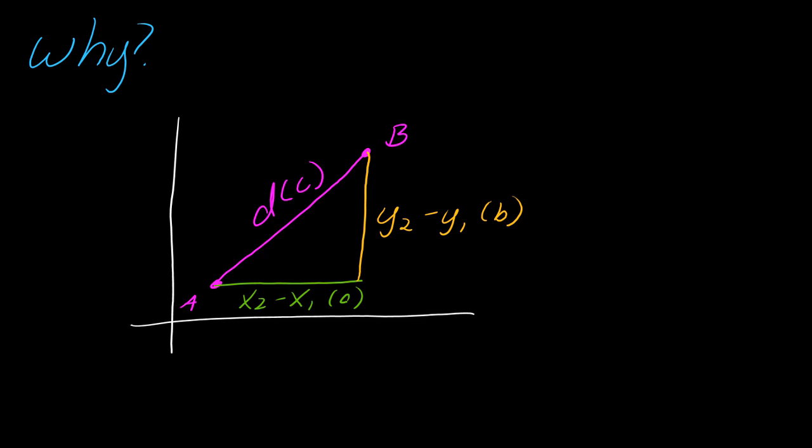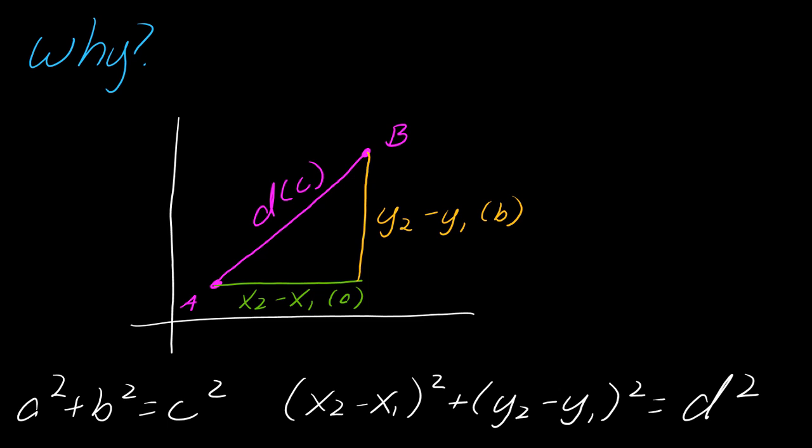Why would I name these sides A, B, C? If you remember the Pythagorean theorem, a squared plus b squared equals c squared, that's why I wanted to rename them. This is just an application of the Pythagorean theorem in disguise. Now where I've got the A, the B and the C, I can replace them with this context: x2 minus x1 squared, y2 minus y1 squared, and then d squared.